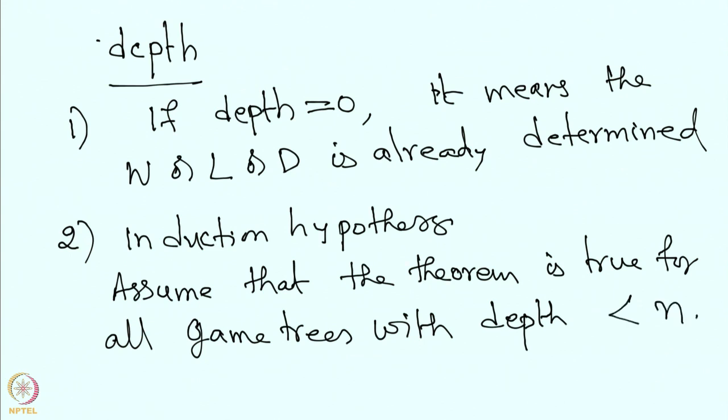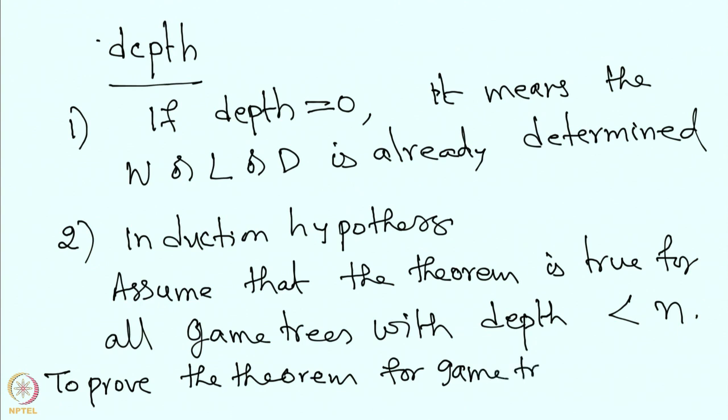If the depth is less than n, we assume that the theorem holds true. Then in the next step we need to prove the theorem for game trees with depth equal to n.